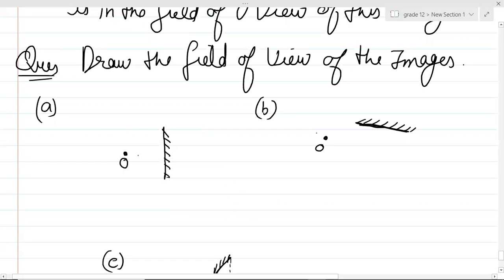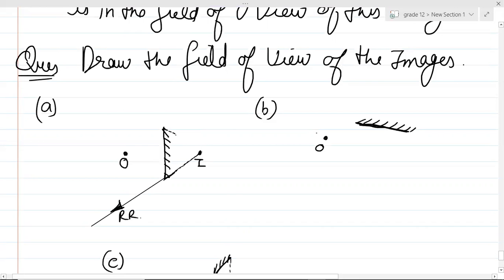So can anyone tell me this particular thing? If the object is over here, the image will be found somewhere over here, right? By applying the properties of plane mirror, we can do this, right? And then what will you do? So will this be the reflected ray?